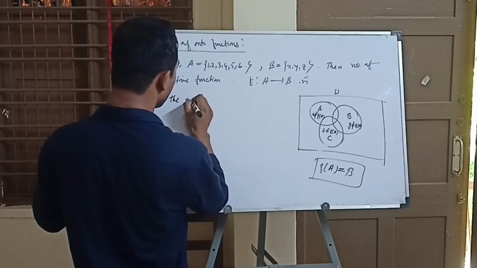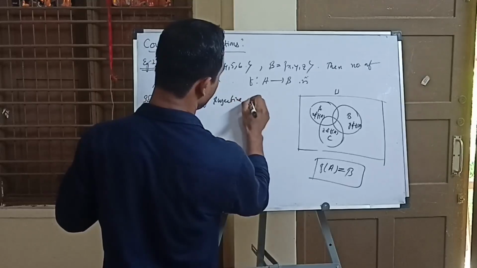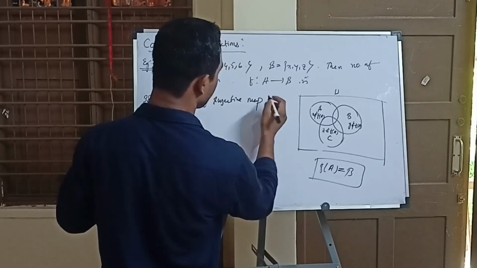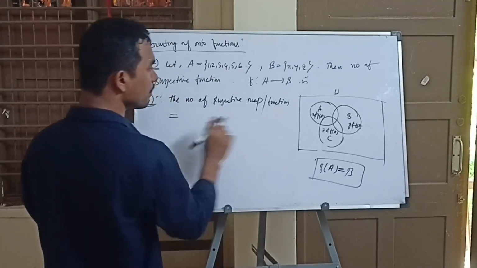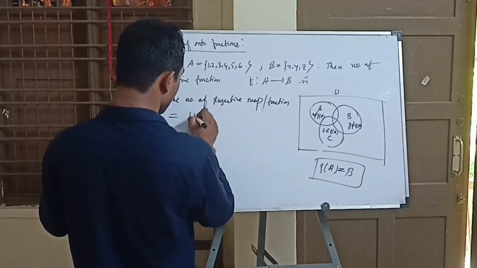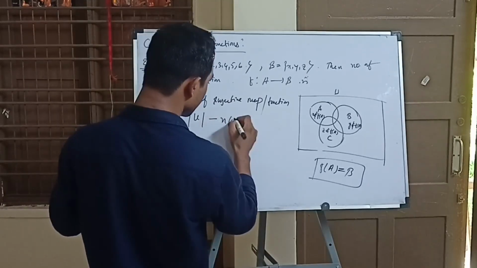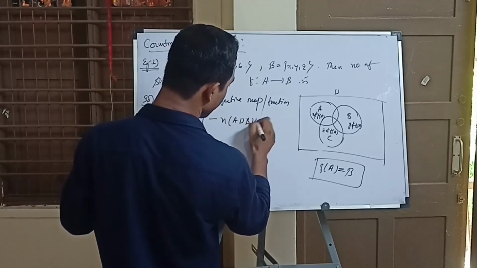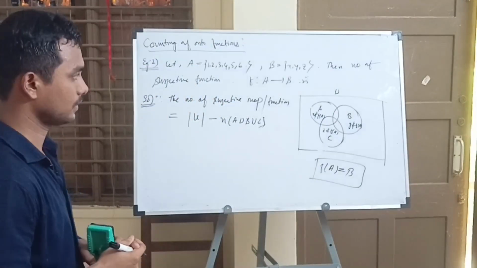The number of surjective maps. Sometimes map is called function. Function is map, right? Which is a synonym. The number of elements of U minus the number of elements of A union B union C. Correct.